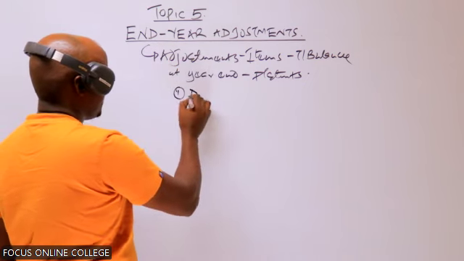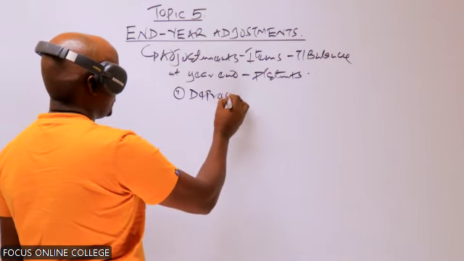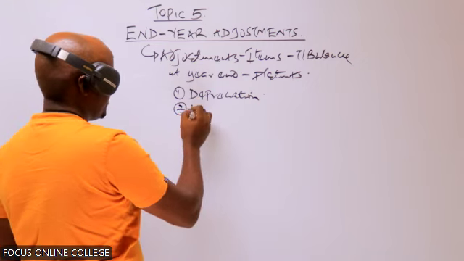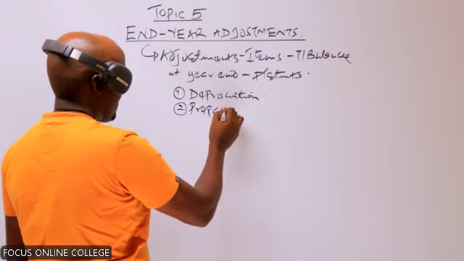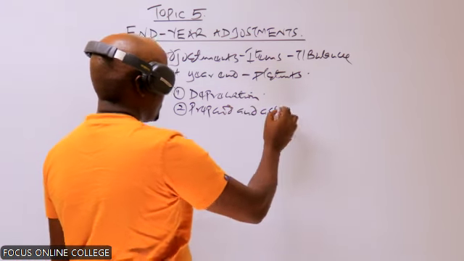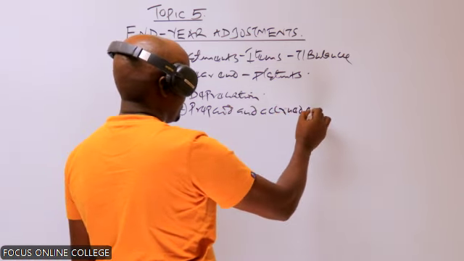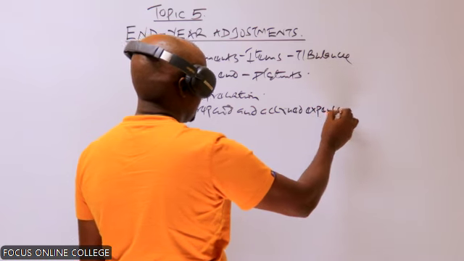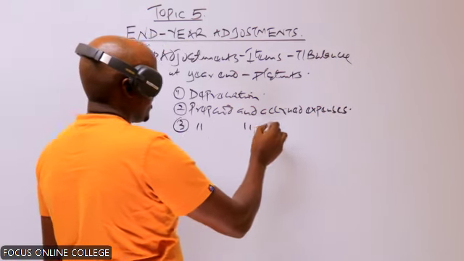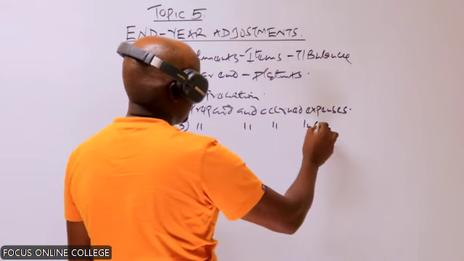So in this topic, we are going to look at various early adjustments. One of the adjustments is adjustment relating to depreciation. The other one is adjustment relating to prepaid and also accrued expenses. Number 3, we have the prepaid and also accrued incomes.